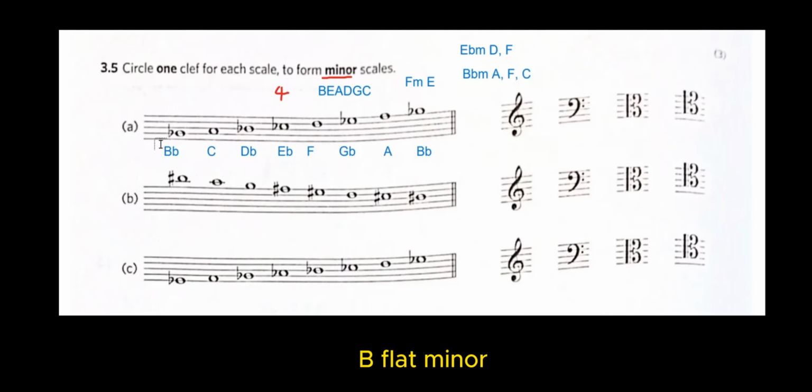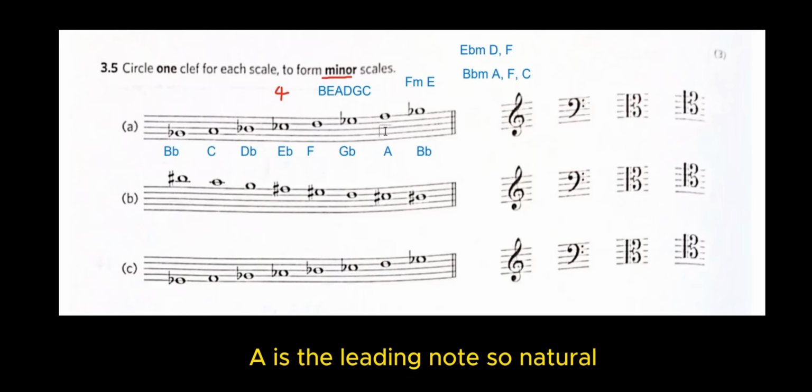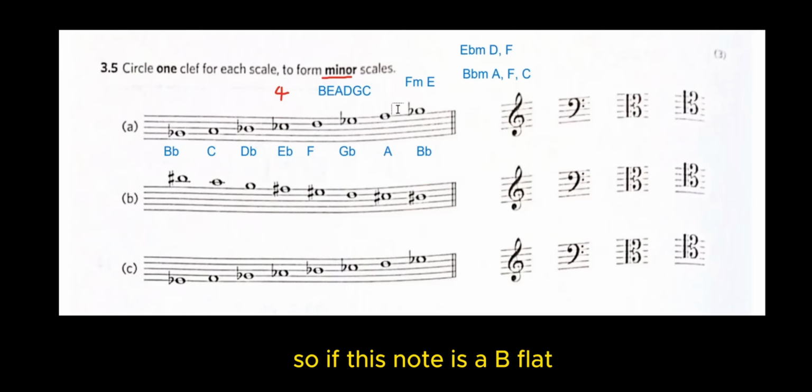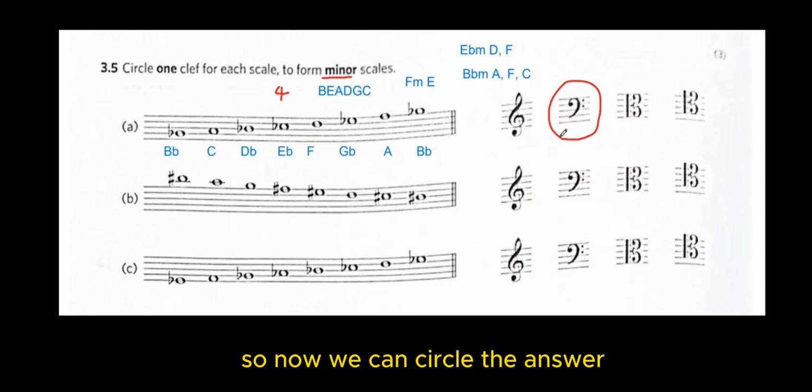B flat minor: we have the B flat, C is the white key, then D flat, E flat, F is the white key, and G flat. A is the leading note, so natural. If this note is a B flat, it should be a bass clef. So now we can circle the answer.